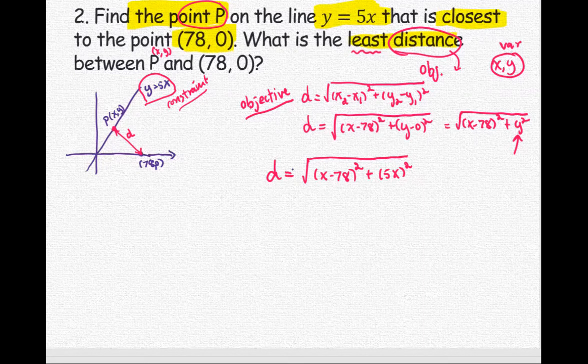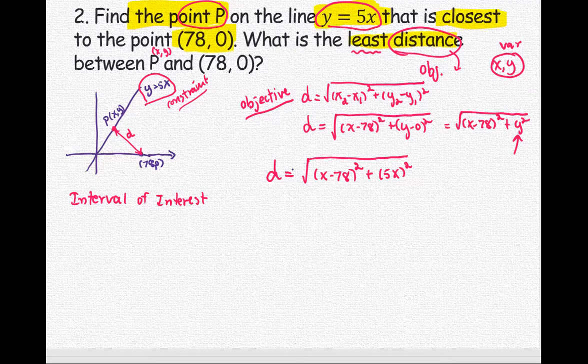So what is the interval of interest? In this case, x and y are the values on the line y equals 5x. X can be any number, which means y can be any number.